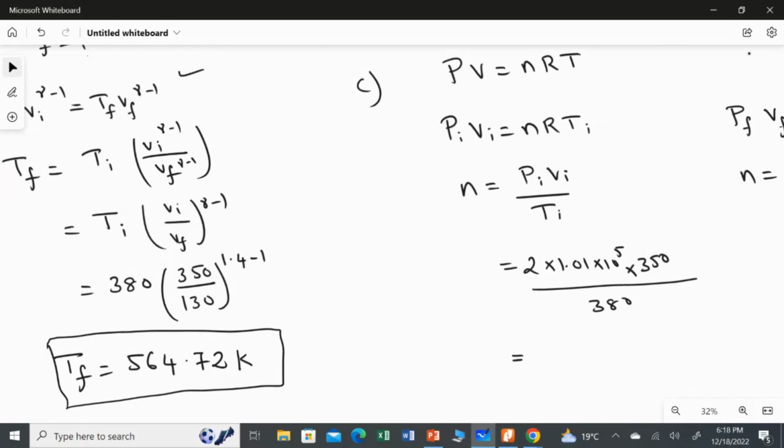So I have to find the number of moles for the initial condition.